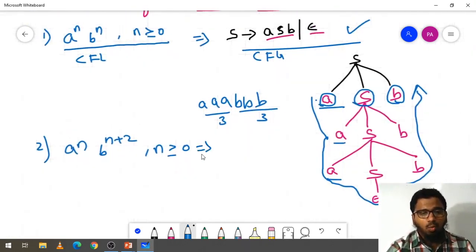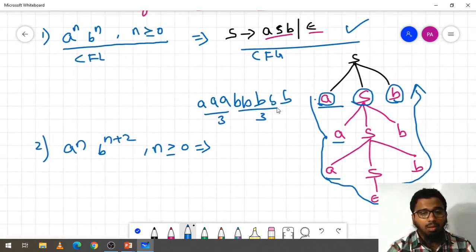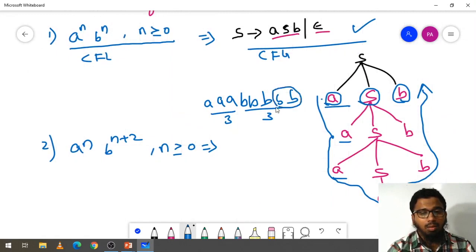For this, what it is telling, whenever a power n is there, b power n plus 2 should be more than that. Whatever a's we have, for example here a is 3, so the b's should be more. Clear? So how can we make a grammar for that?